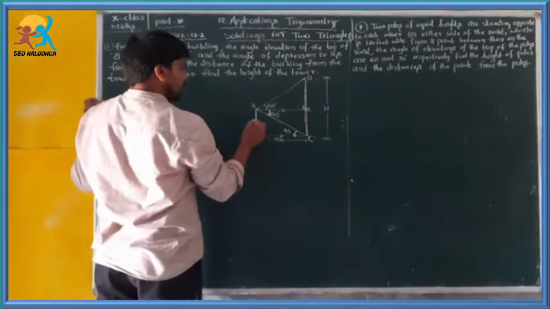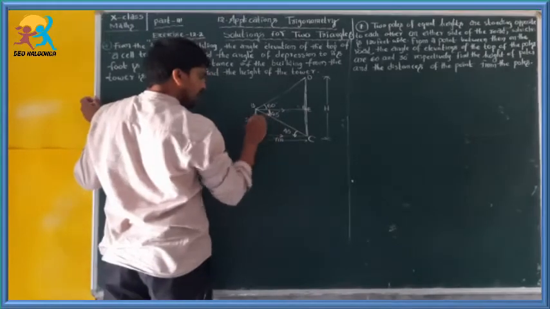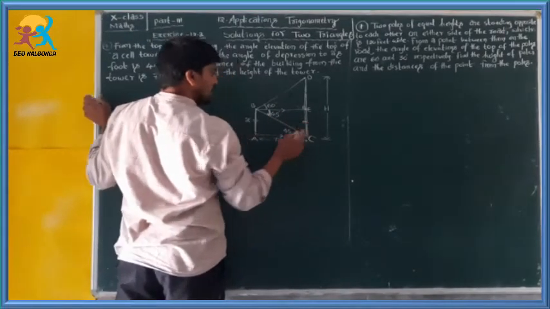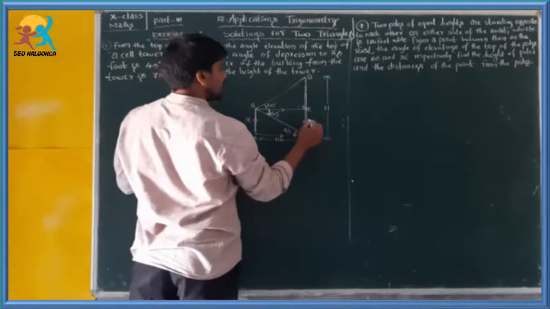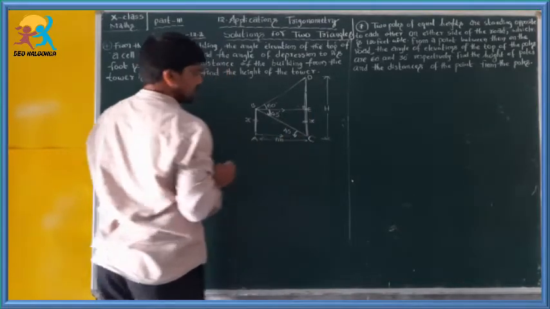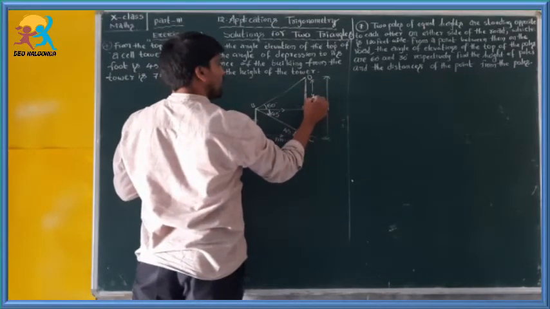Okay. Let this be x, then BA is equal to EC, as ABEC forms a rectangle, opposite sides are equal, x, and let us suppose it is y.